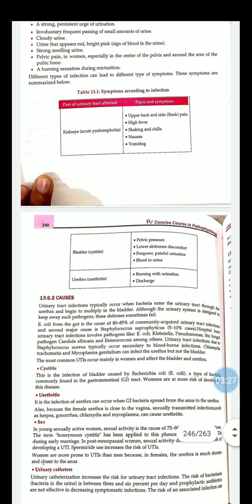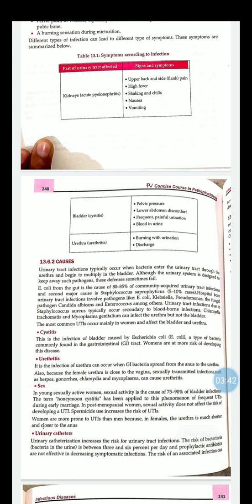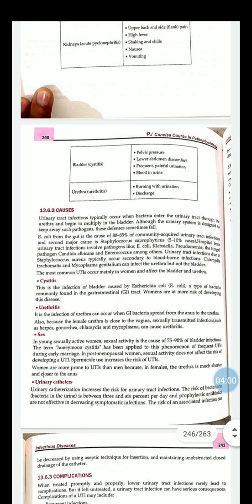Then there are different types of infection, which show different symptoms. For example, if there is infection of the kidney, that is acute pyelonephritis, it shows symptoms such as upper back and side pain, high fever, shaking and chills, nausea, and vomiting. If there is infection of the bladder, that is cystitis, it shows symptoms like pelvic pressure, lower abdomen discomfort, frequent painful urination and blood in urine.